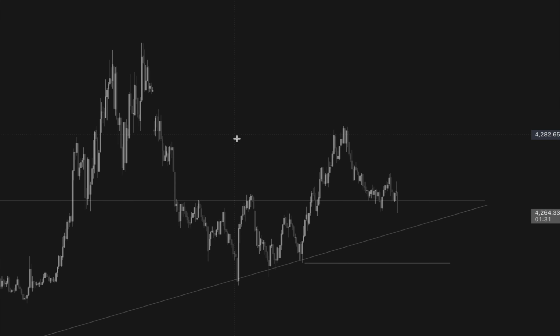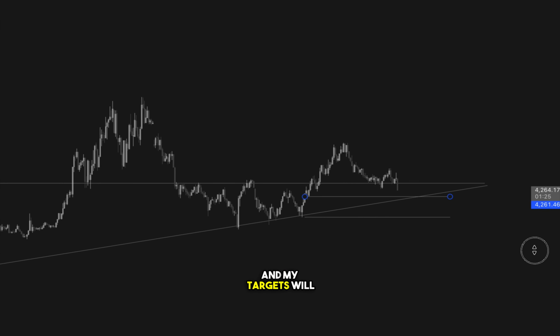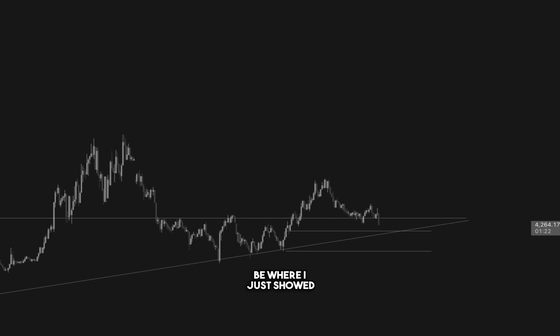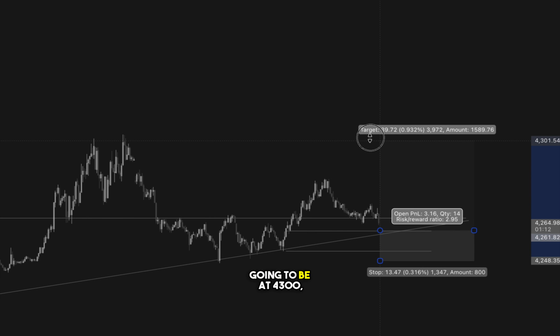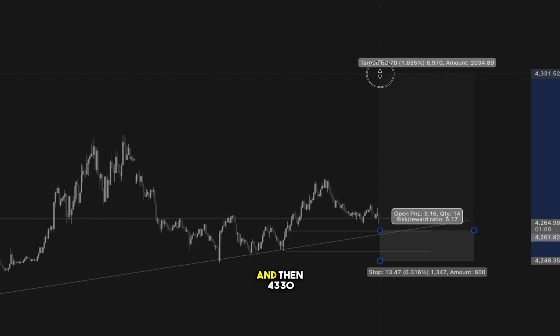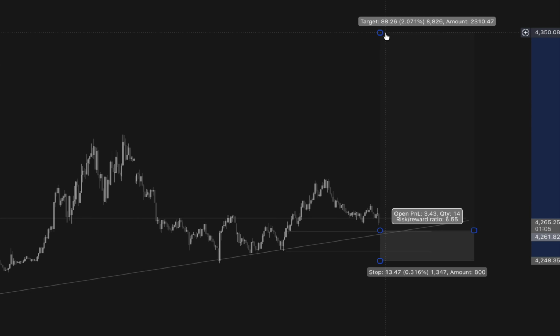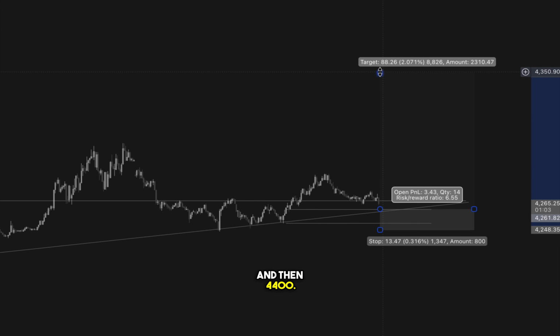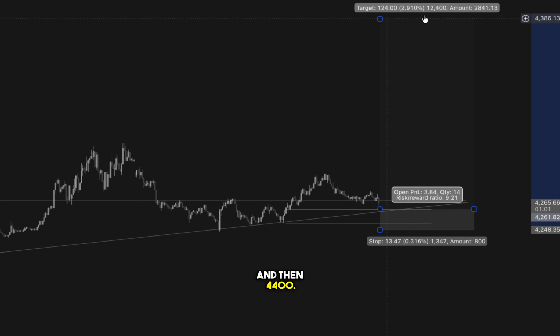I would take the trade approximately here, and my targets will be where I just showed you. So my targets will be around the psychological levels. Initially going to be at 4,300, which is here, and then 4,330, and then 4,400.